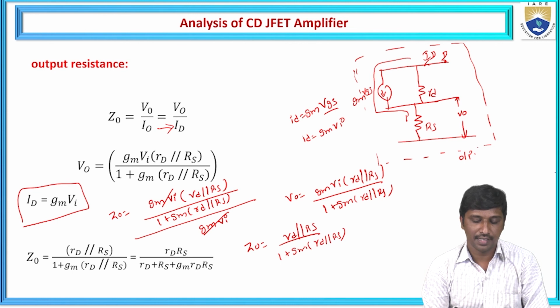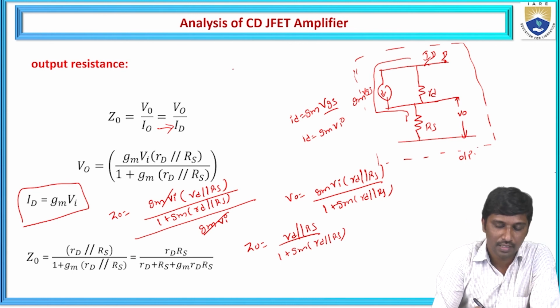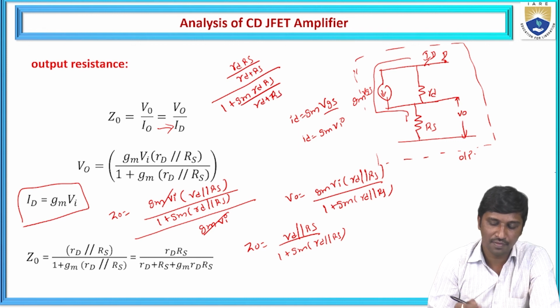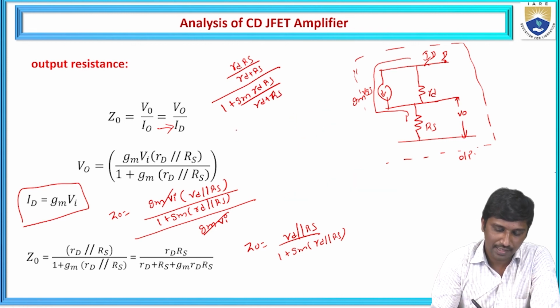If we simplify this relation, what happens? RD in parallel combination with RS means RD RS divided by RD plus RS, by 1 plus gm times RD RS by RD plus RS. If we take the LCM, now what happens?